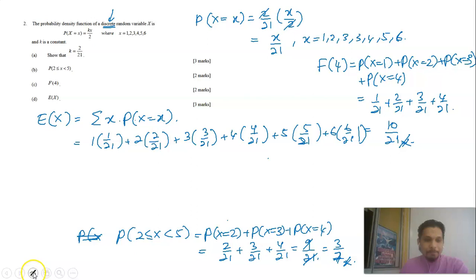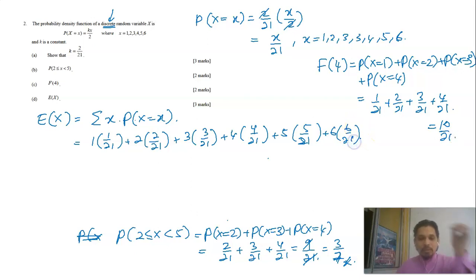Oh, sorry then. This is 10 over 21 and 6 over 21.